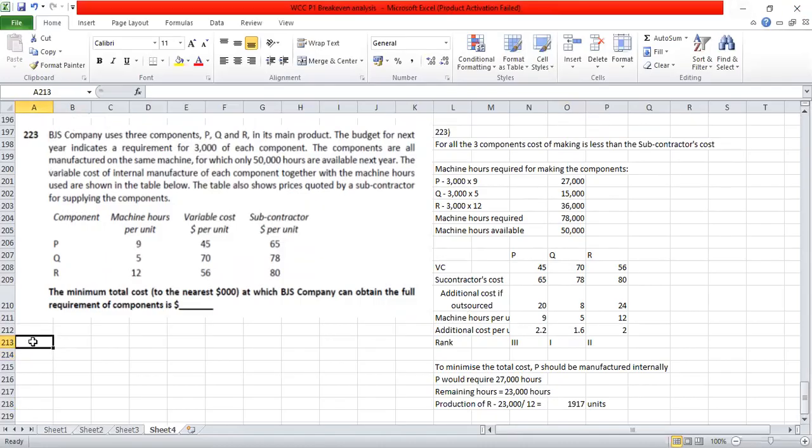So let's find out the total cost. P would be manufactured. The decision for P is make. The units are 3,000. Cost is equal to 3,000 into the variable cost of 45.